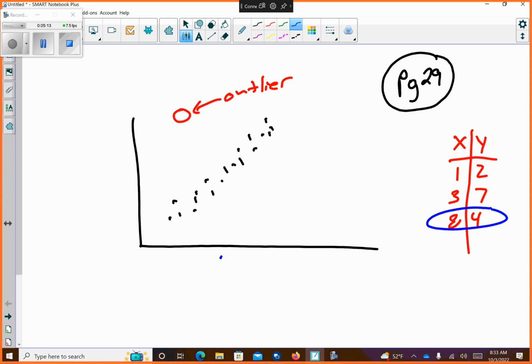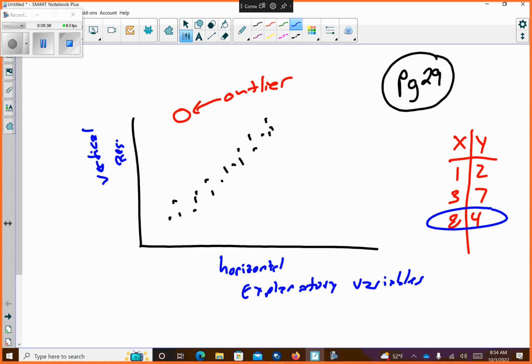So this is the horizontal axis. And the horizontal axis are called our explanatory variables. And then the y-axis is called the vertical. And the vertical are our response variables.